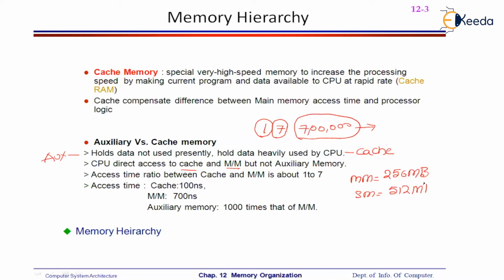So the size difference between main memory and secondary memory was very small, and the access difference was also proportionately small. But now the secondary memory is crossing even 2 TB, while the main memory is not crossing around 4 GB or 8 GB. So the access difference is exponentially increasing.